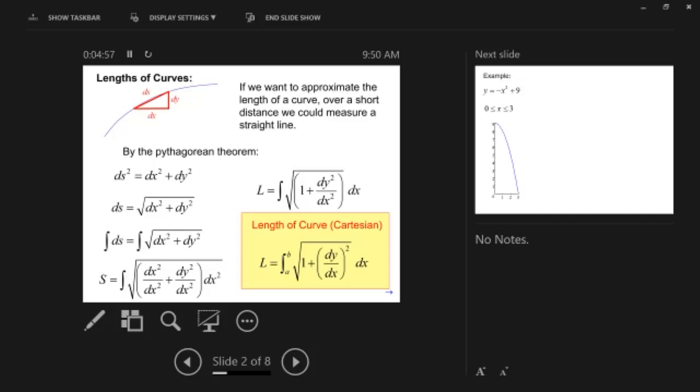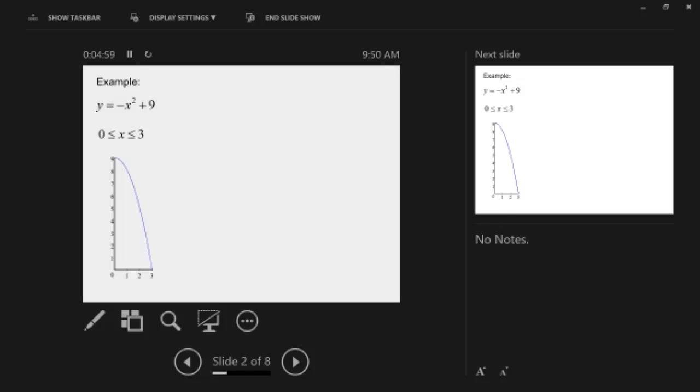So here's an example. We want the length of this curve, which is what? It's y equals negative x squared, and it's been moved up 9. From 0 to 3. We want to know, how long is that curve if we straighten it out?